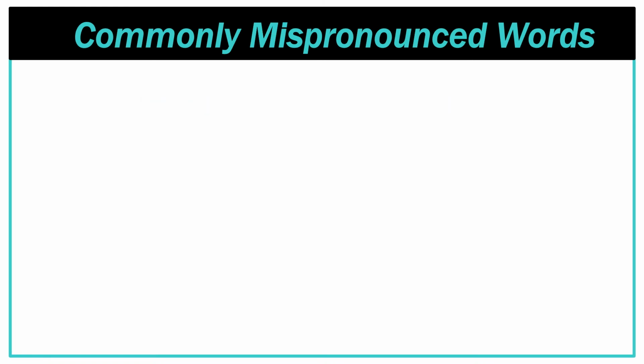Let's look at some more commonly mispronounced words. I'll say the word and you can repeat. Collaborate. Missile. Sometimes we just say missile. Tot.